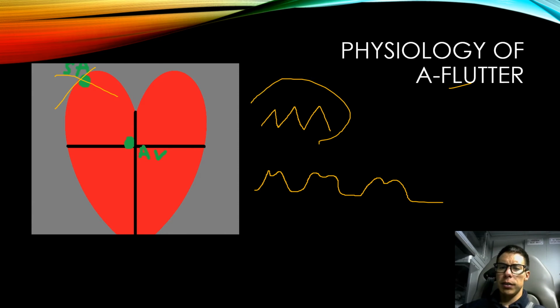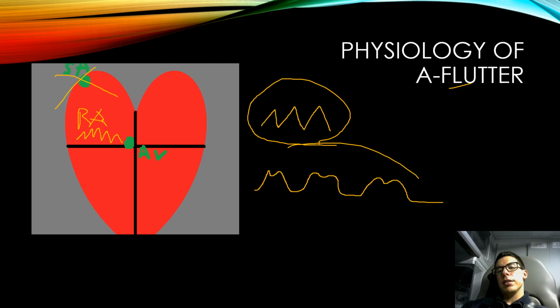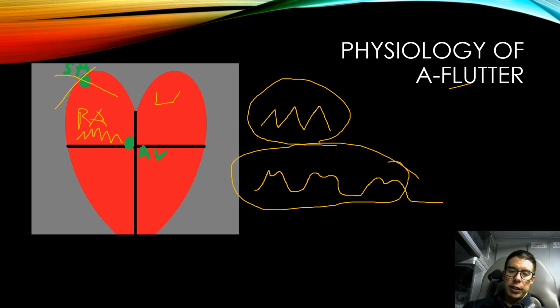So these peaked, tall ones are usually more associated with the right atria, so you're going to see those in rhythms that involve the right atria, whereas these notched ones are more associated with the left atria.